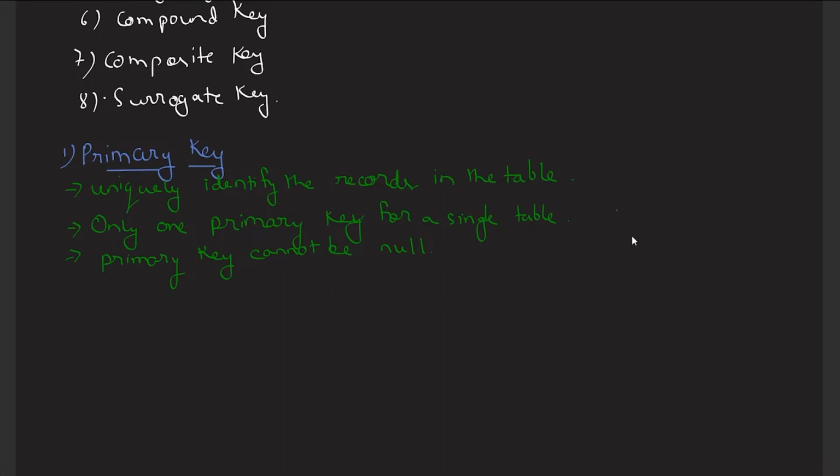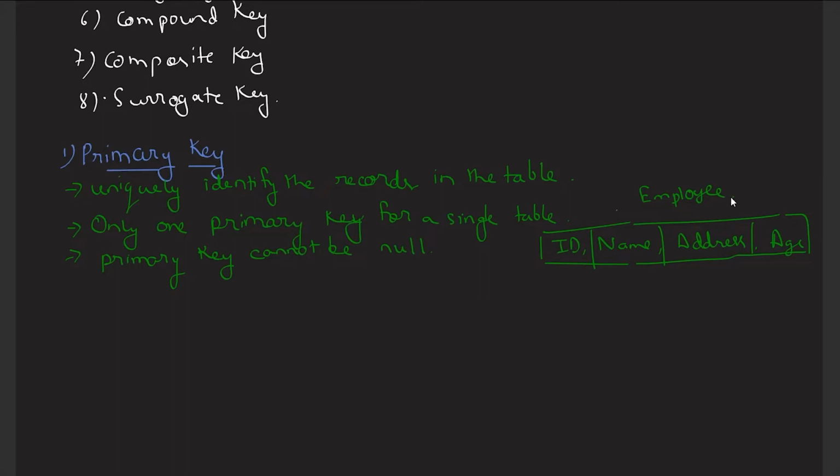So suppose we have a table in which we have ID, name, address, and age. Okay, this is a table schema for the employees. This is an employee table.